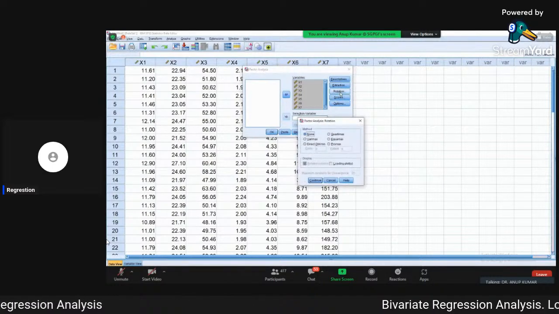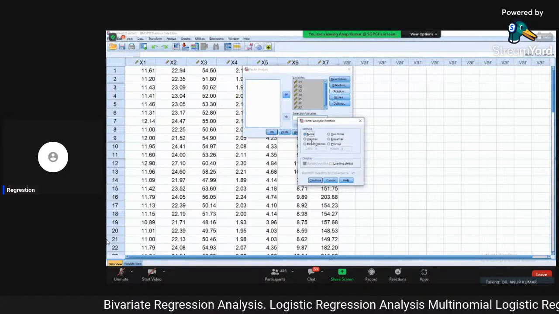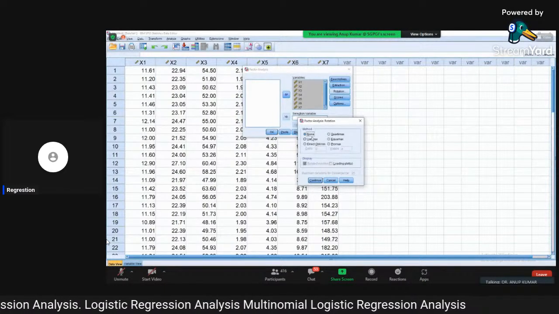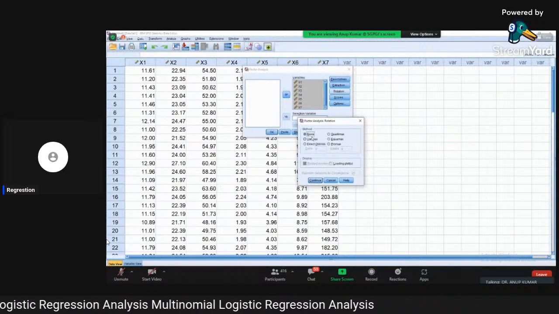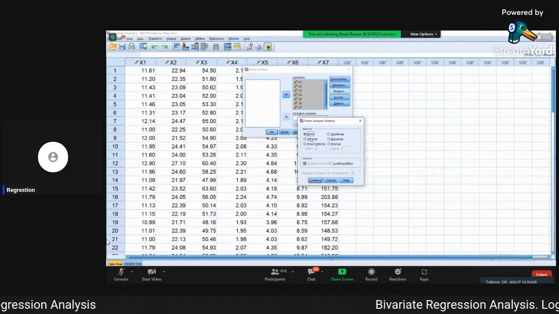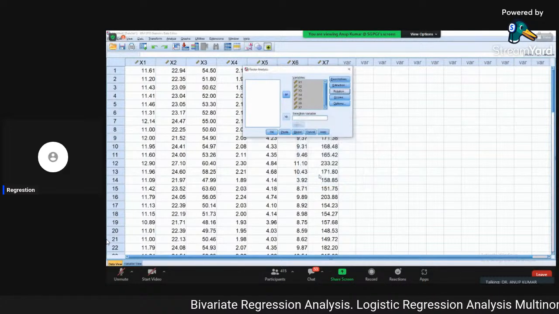Then Rotation. So first of all, I will not do any kind of rotation. I have discussed this Varimax rotation in my slide, rotating by 90 degrees, but right now I am not rotating this. I'm just displaying the loading plots. Continue.